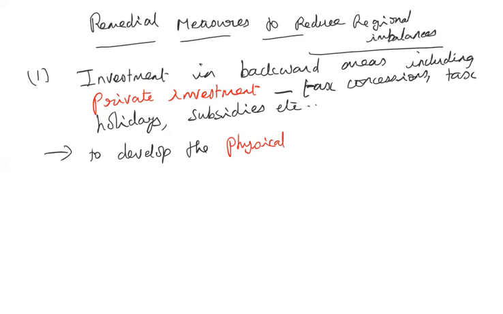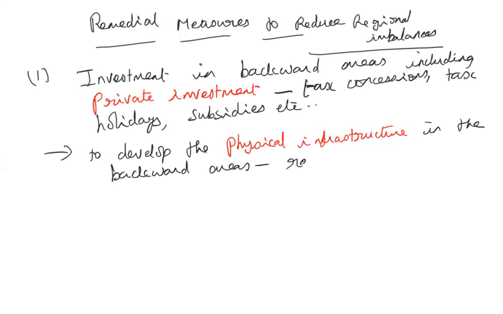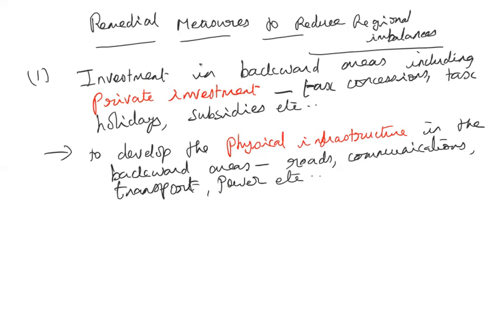Physical infrastructure in the sense of roads, communications, transport, power, electricity, etc. All this is physical infrastructure, because infrastructural facilities are not that much developed. So that is the main problem the private sector is finding. So physical infrastructure should be developed.